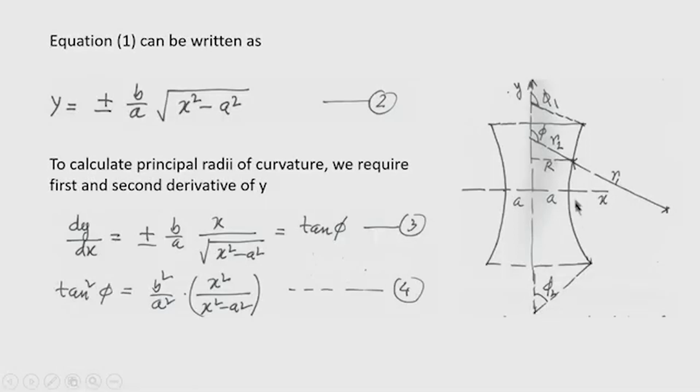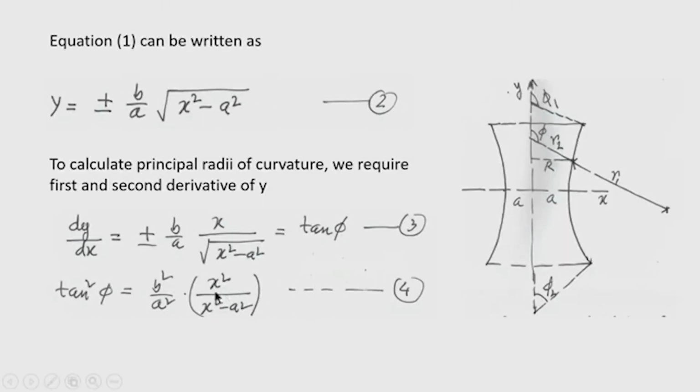Now, Gaussian curvature is nothing but the product of the two principal curvatures. So, if the radii of curvature are R 1 and R 2, the Gaussian curvature will be 1 by R 1 into 1 by R 2, and out of that 1 by R 1 will be negative. Therefore, you will get Gaussian curvature always negative for this type of shell, and it indicates that it is an anticlastic shell. Okay.